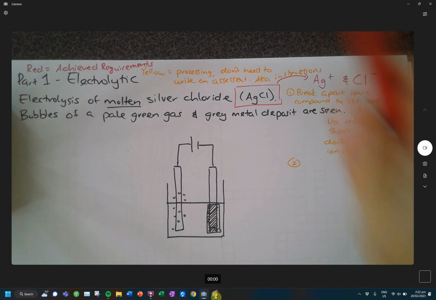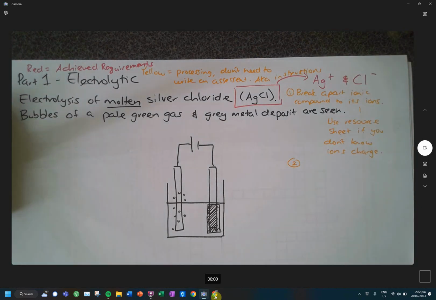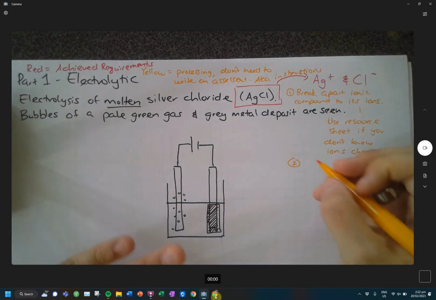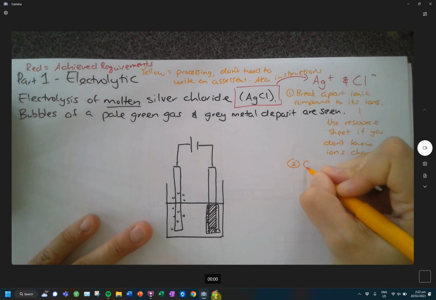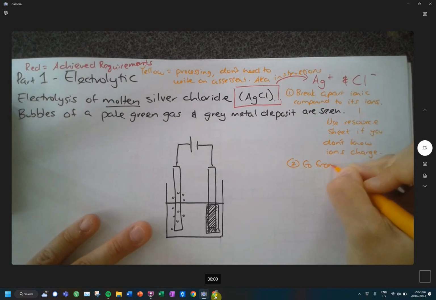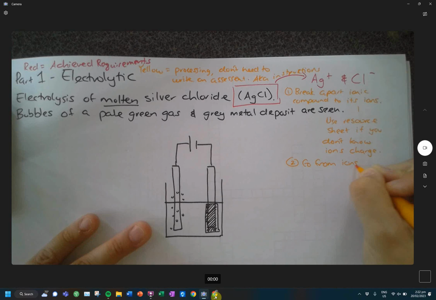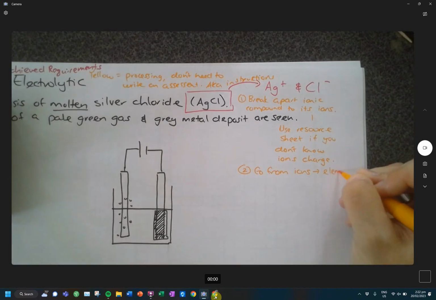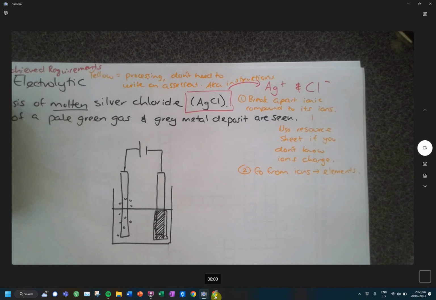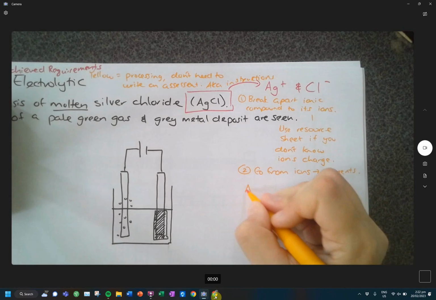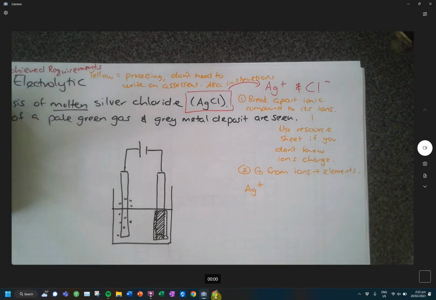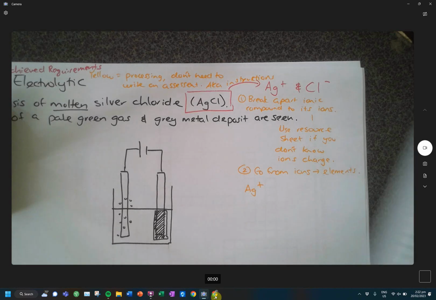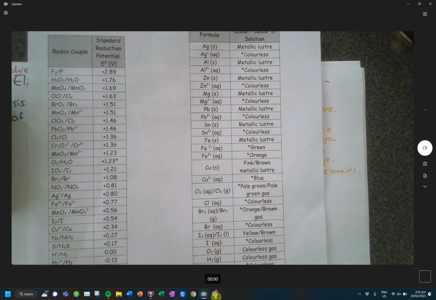All right. My second step is to go from ions to elements. So if I have silver, Ag, if I am not sure what the product is supposed to be, again, use your resource sheet.